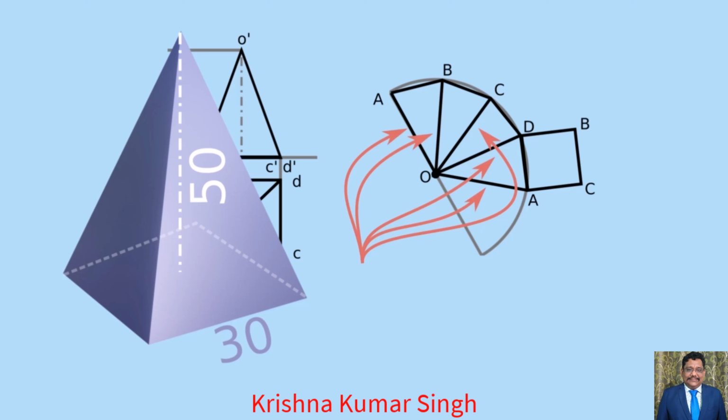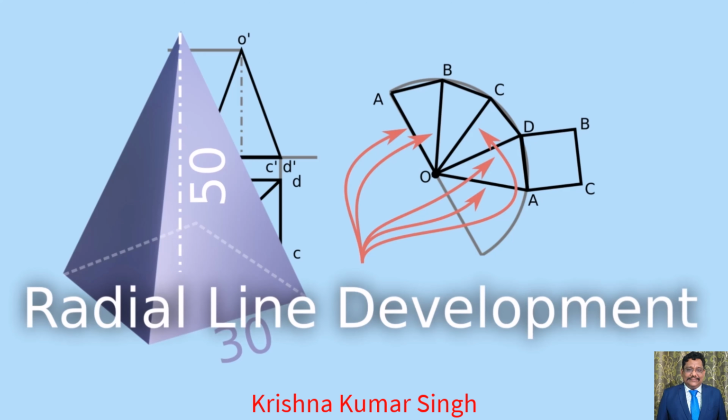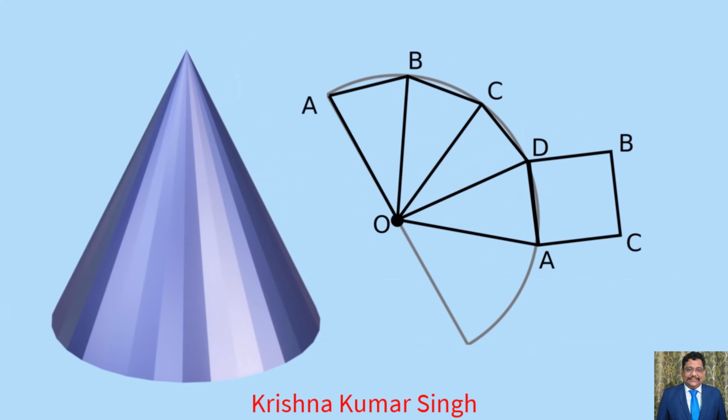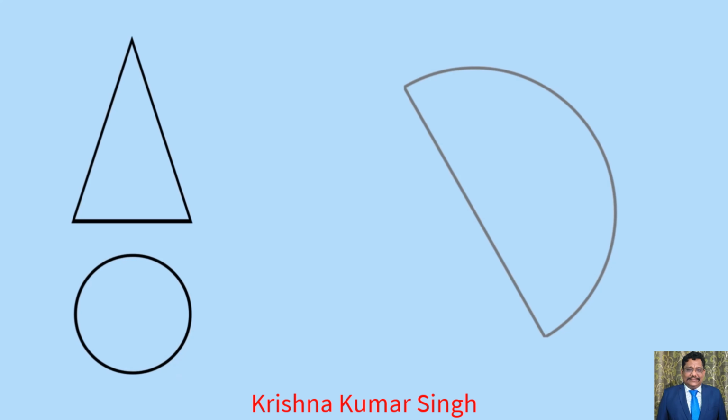We have used radius for development and so it is called radial line development. In the same way, a cone can also be developed. The difference between developing a pyramid and developing a cone is that cones have a curved lateral surface and the base is a circle. So basically, we don't have a base edge that can easily be shifted on a radial line.